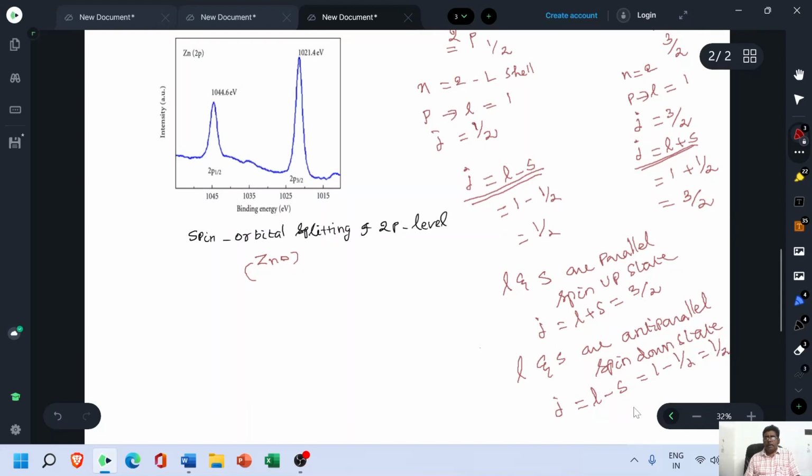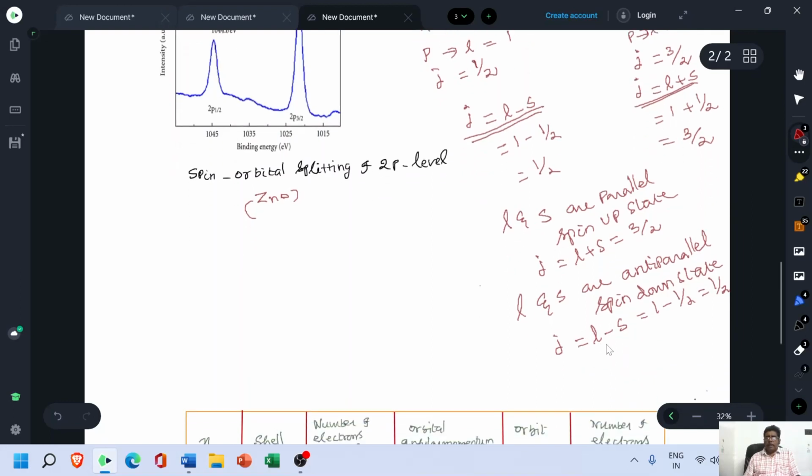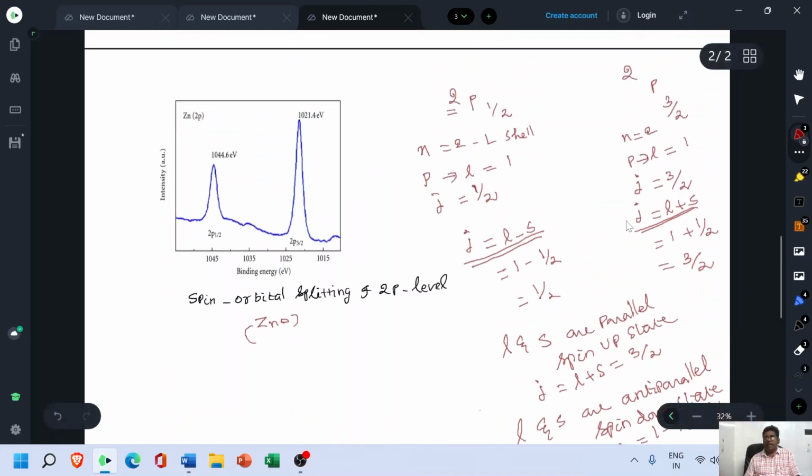See that the binding energy of the spin down state is always greater than the binding energy of the spin up state. See this, 2p 1/2 is having higher binding energy.